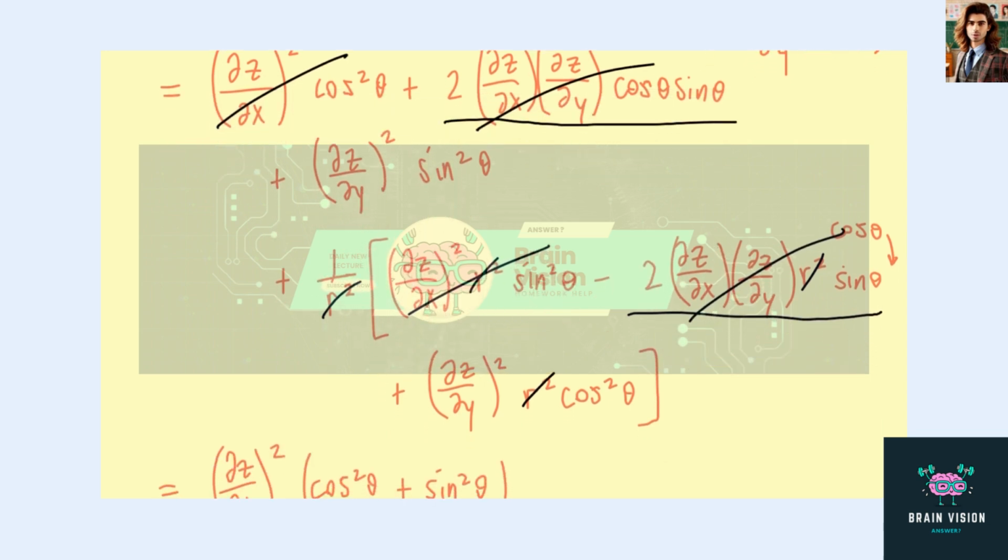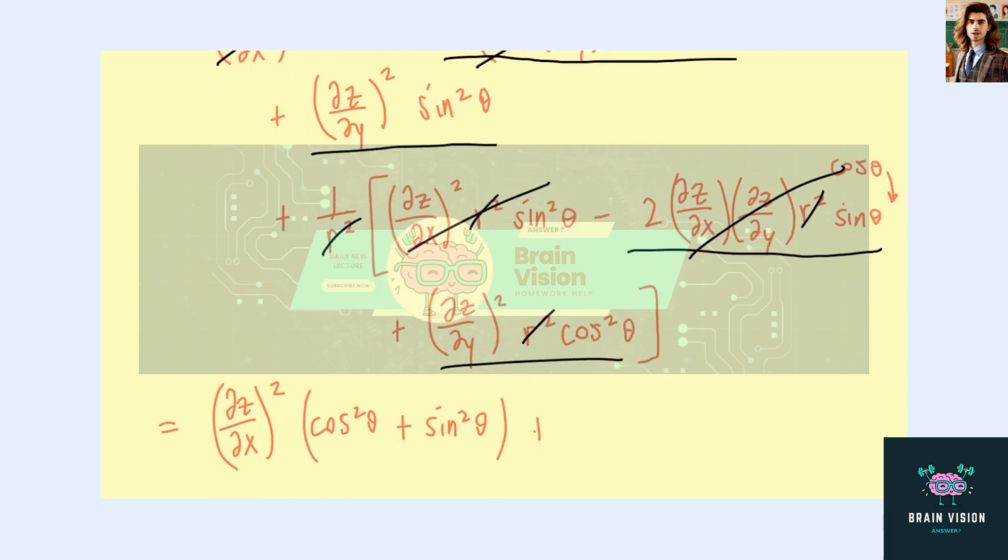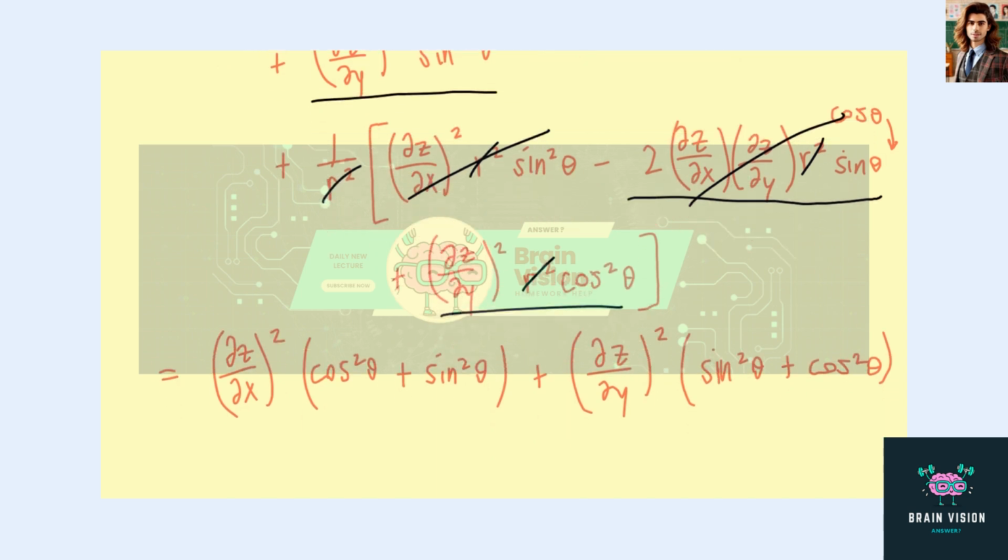And finally, we can combine these two terms here. So we have plus partial z partial y squared times sine squared theta plus cosine squared theta. And cosine squared theta plus sine squared theta is just 1. So this is also 1.